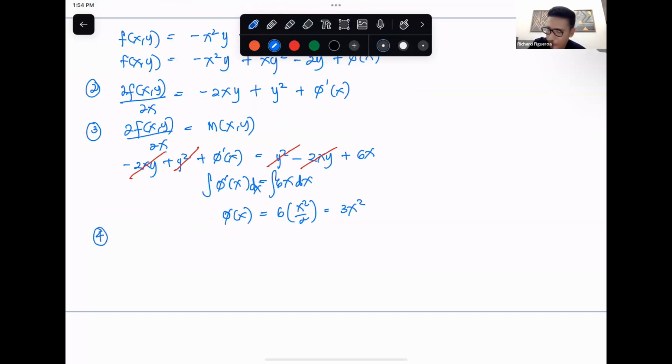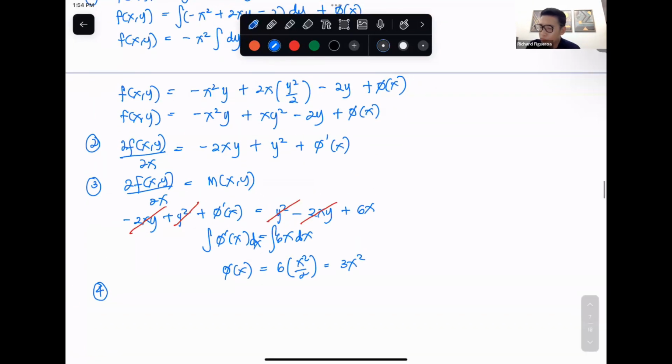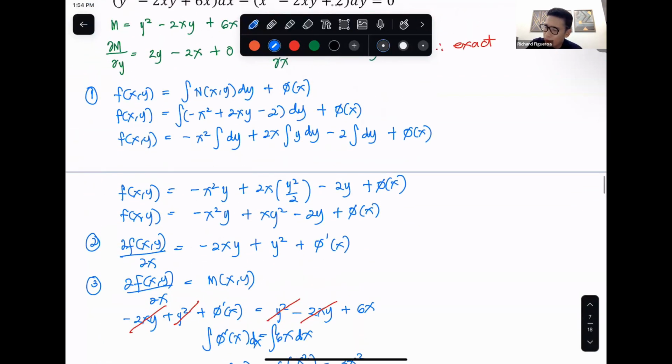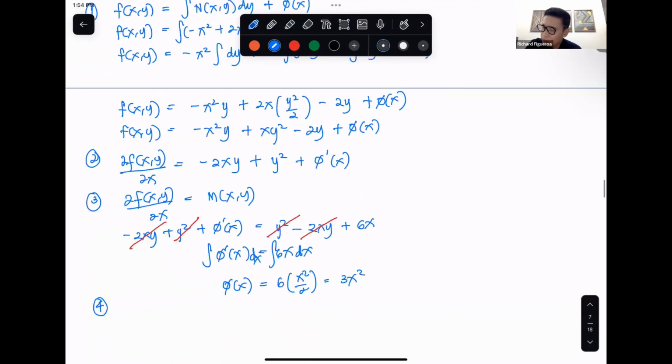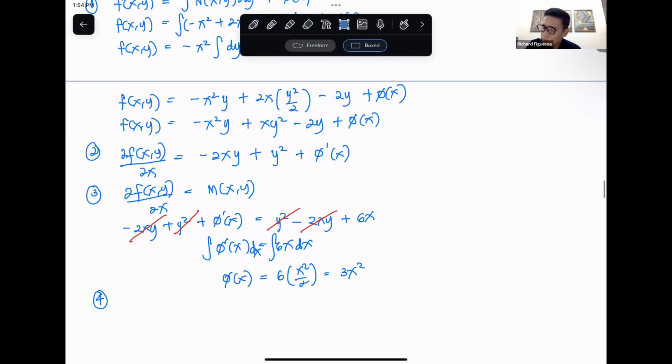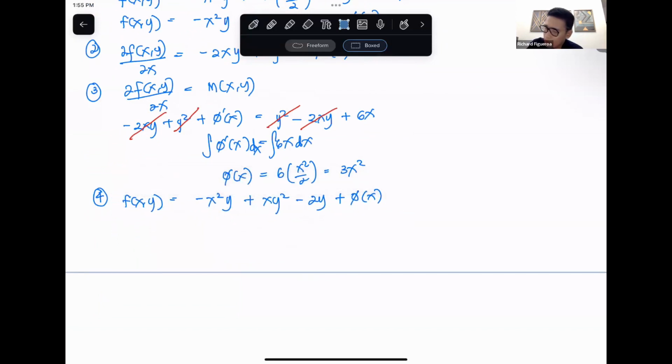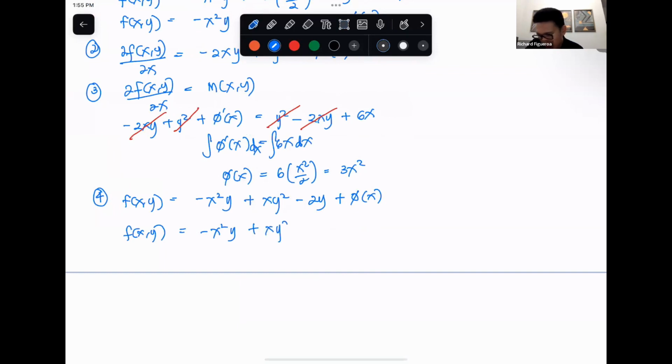And finally, we write our answer. What is our answer? This is our final answer, right? Our f of xy is negative x squared y plus xy squared minus 2y, plus our p of x, which is 3x squared.